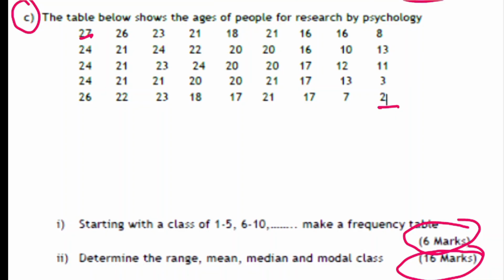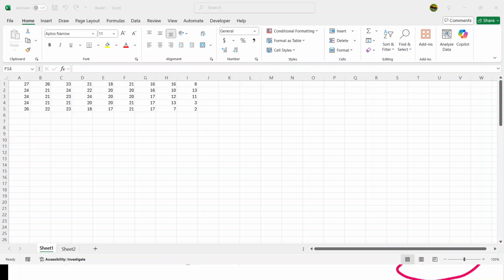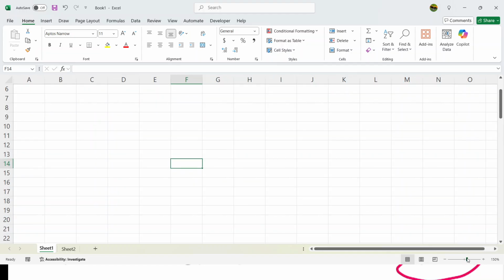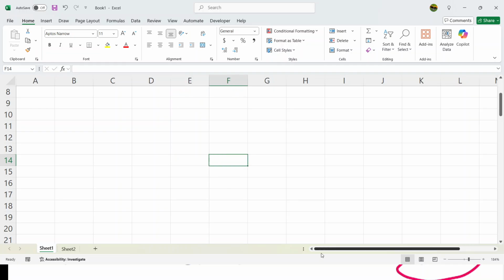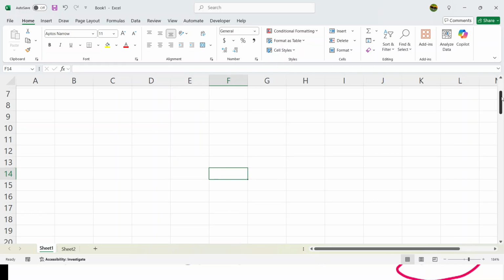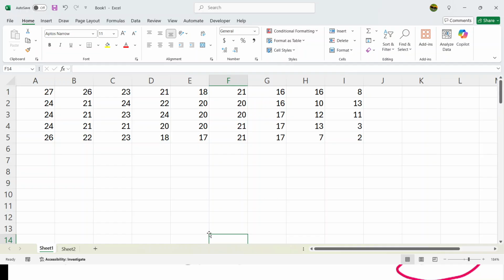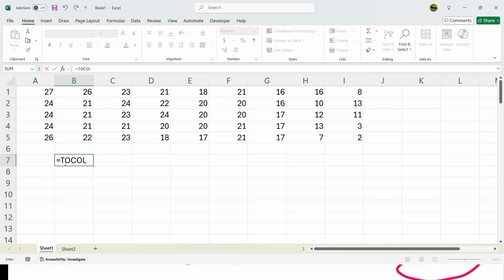So I open my Excel and enlarge it, sorry if I am harassing your eyes. You are able to see this, hopefully. Yes.